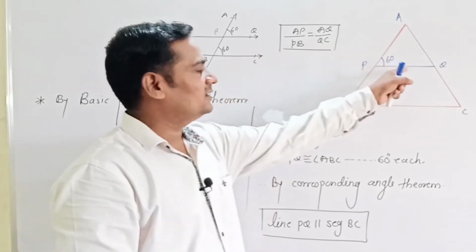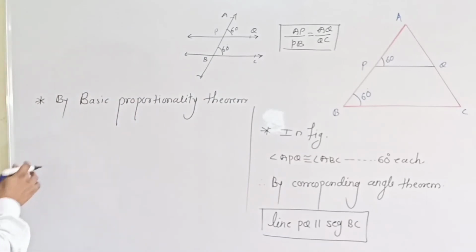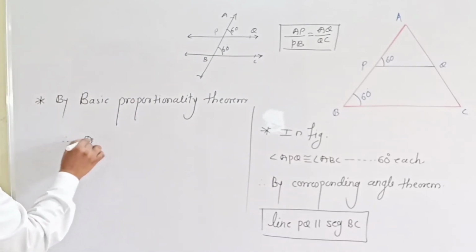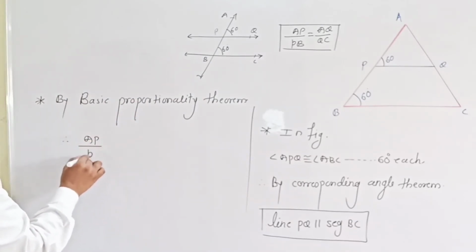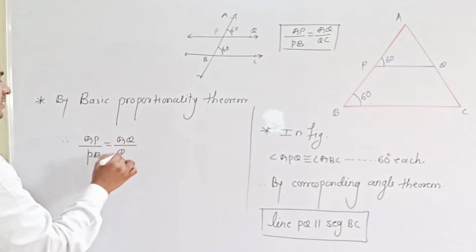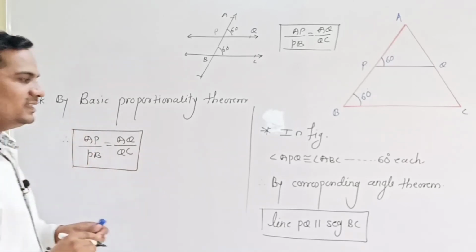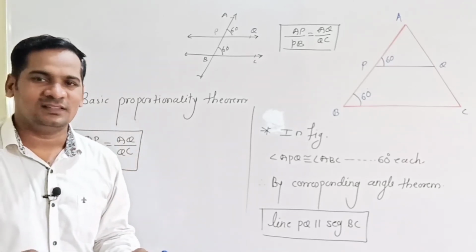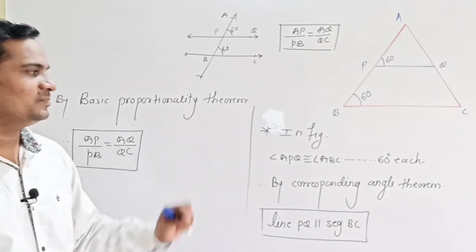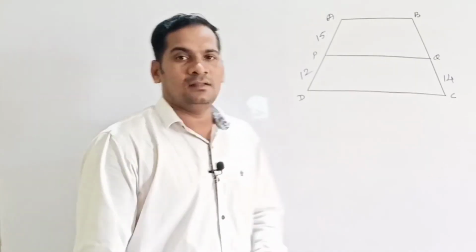That line divides those sides in equal ratio. That means, therefore, AP upon PB is equal to AQ upon QC. How simple is this? In this way we can easily solve this question number 3. So let's move toward the next question.